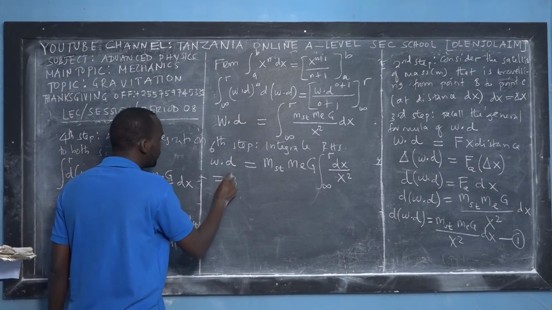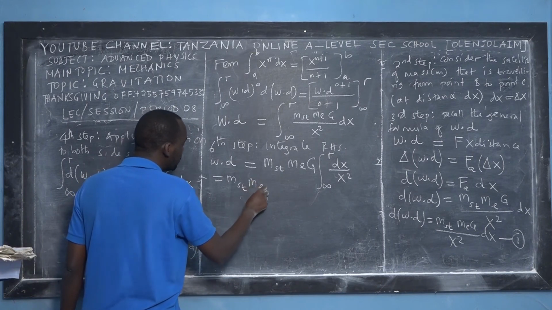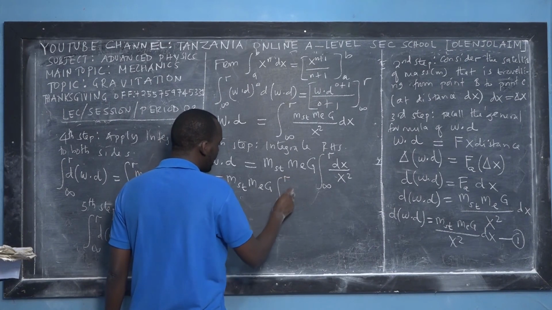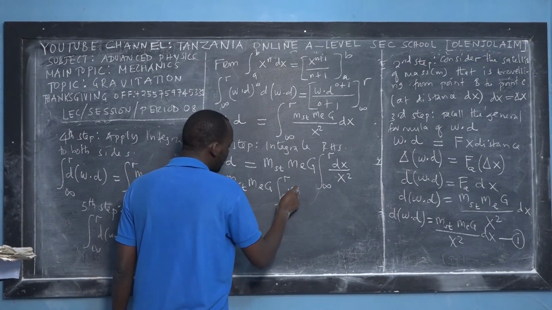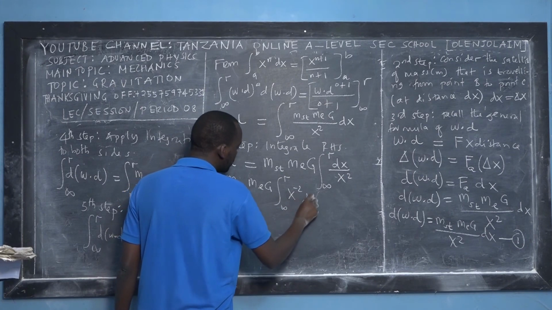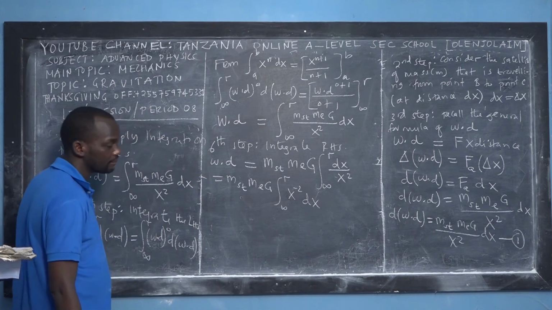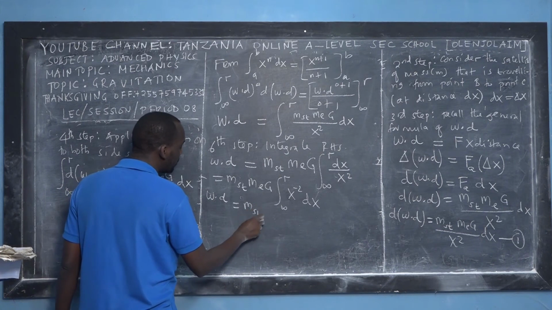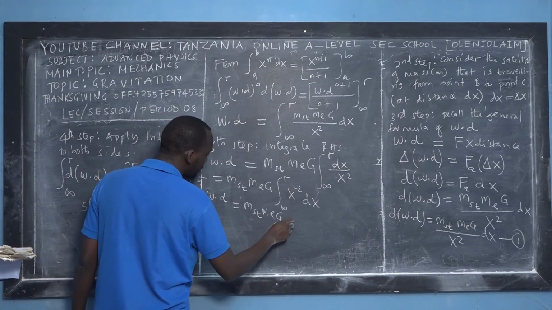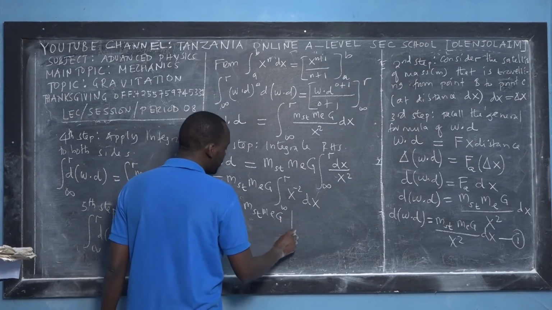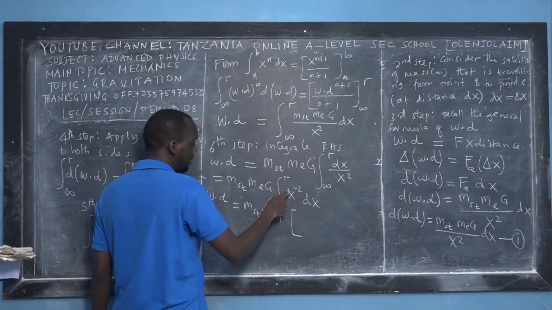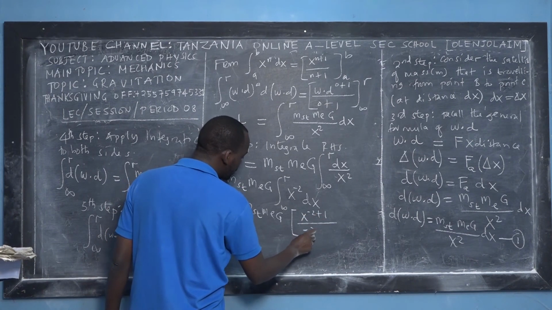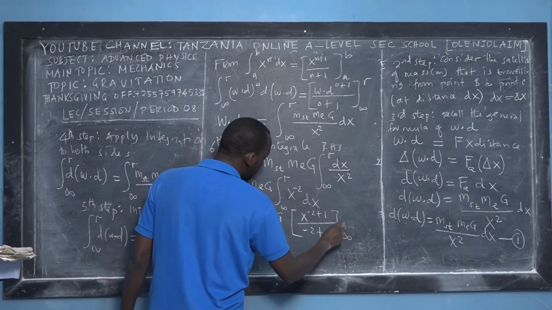From the laws of basic applied mathematics or calculus, this is the integral from infinity to r of x power negative 2 dx. Now listen carefully. Our n is negative 2, so it will be x power negative 2 plus 1, over negative 2 plus 1, from infinity to r.